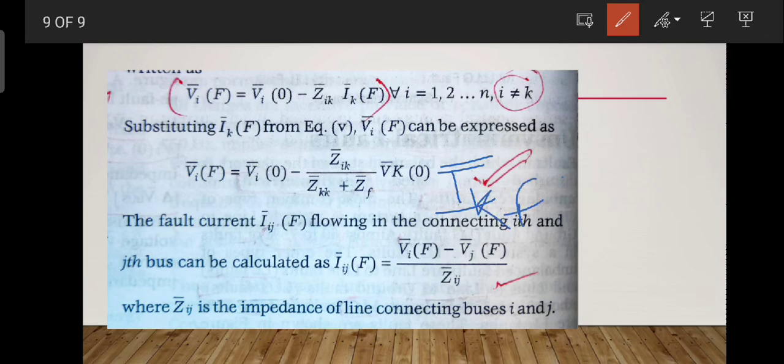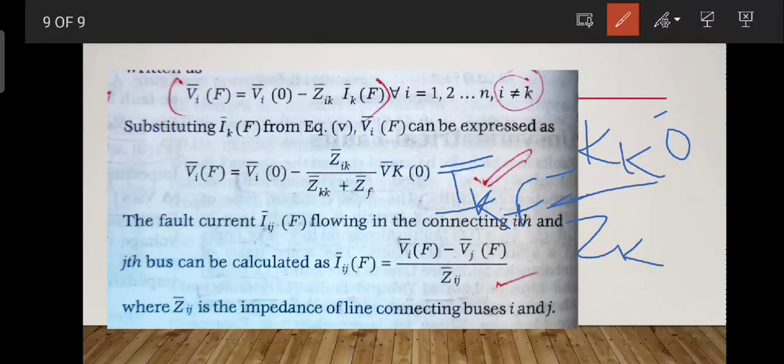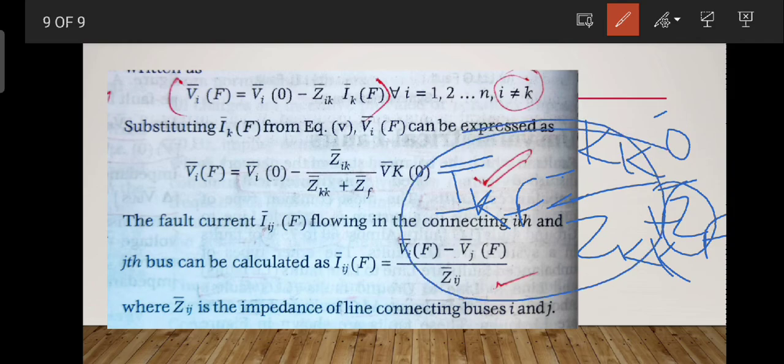So Ik fault is equal to Vk0 divided by Zkk plus Zf. Why? For the fault with non-zero fault impedance Zf. If Zf is not equal to 0, then this is our formula.